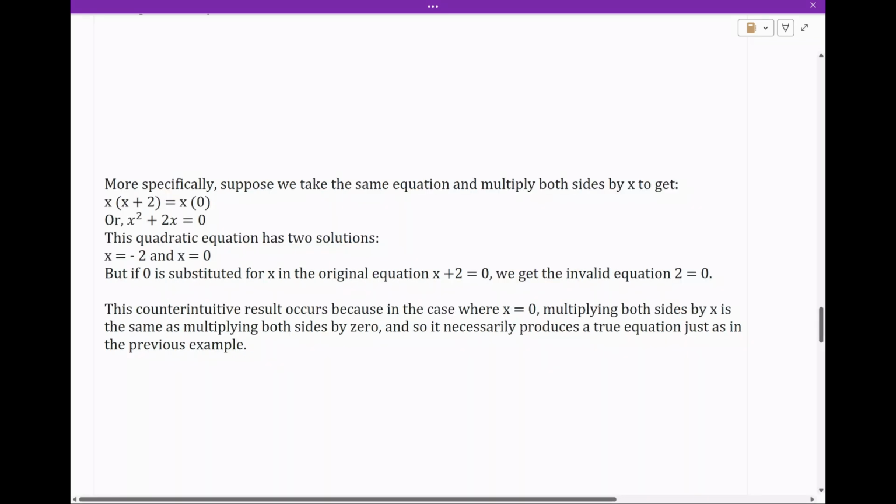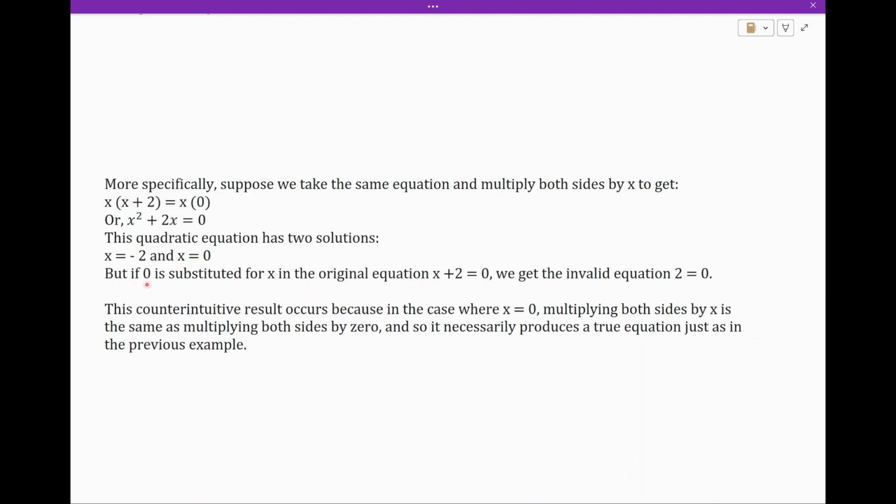More specifically, suppose we take the same equation and multiply both sides by x to get x multiplied by x plus 2 is equal to x multiplied by 0, or x squared plus 2x is equal to 0. This quadratic equation has two solutions: x is equal to minus 2 and x is equal to 0.